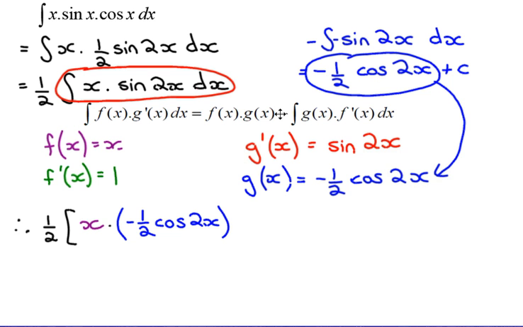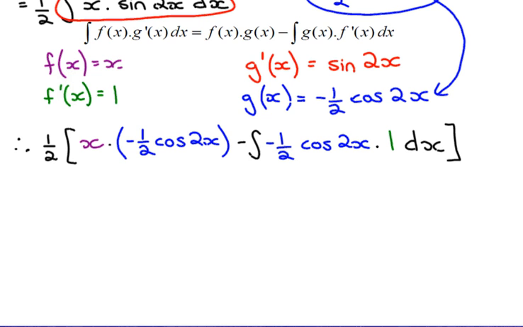Then the next part of my formula is minus the integral. So minus the integral of g, which is negative a half cos 2x, multiplied by the derivative of f, which is just 1 with respect to x. Cool.